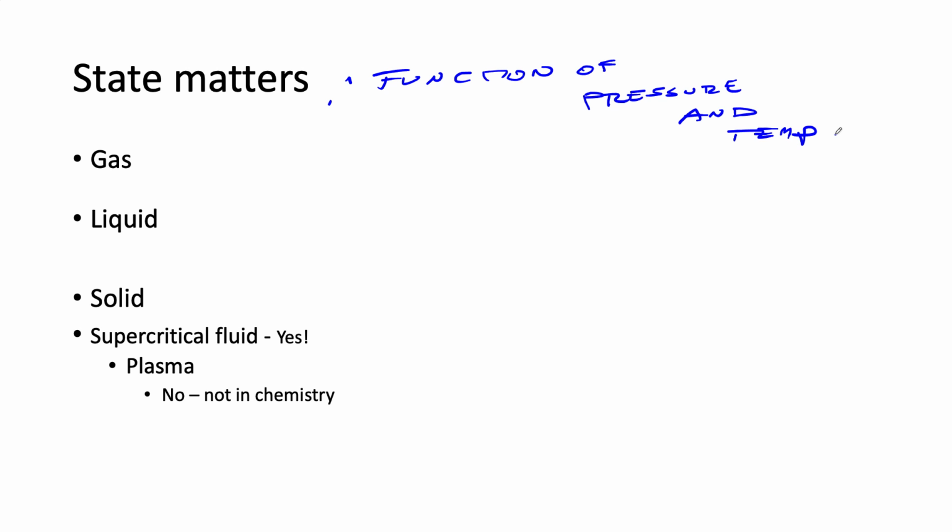But first, we're going to look at gas. Gas is defined as, and we've got liquid and we've got solid. So we're looking at these 3 things. Gas has no fixed shape or volume.